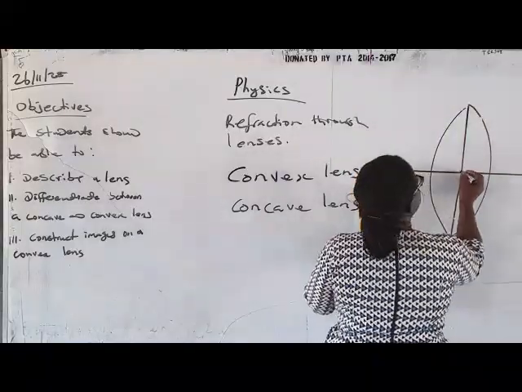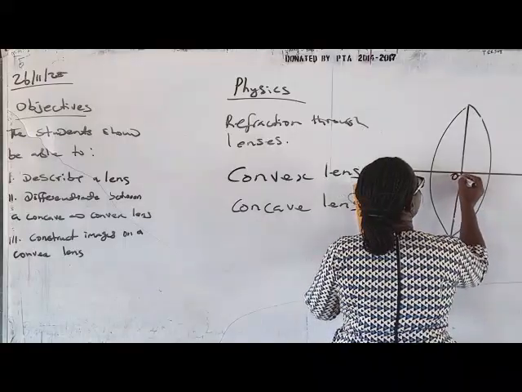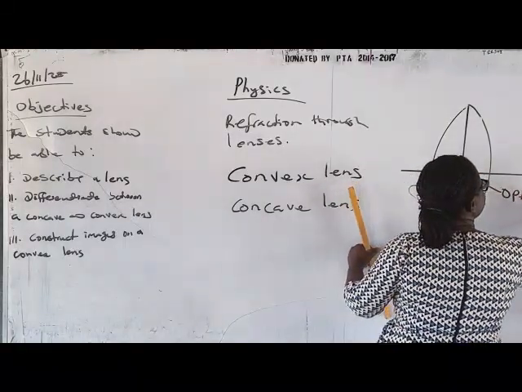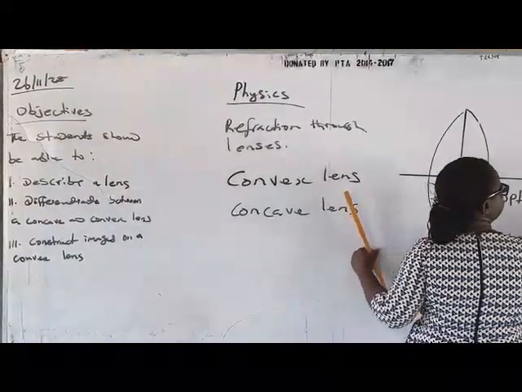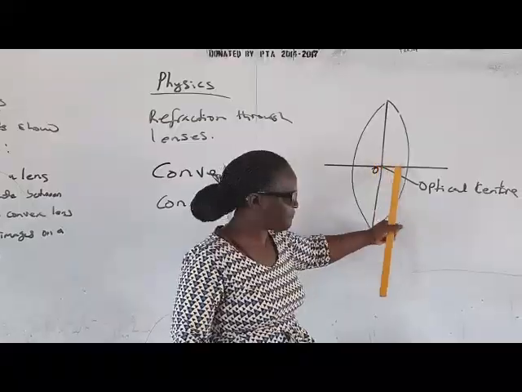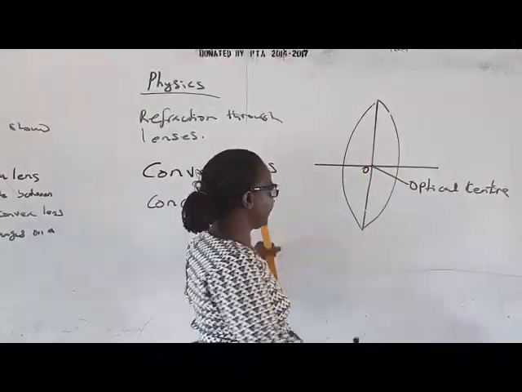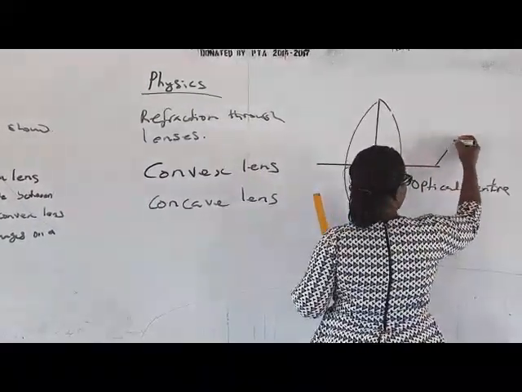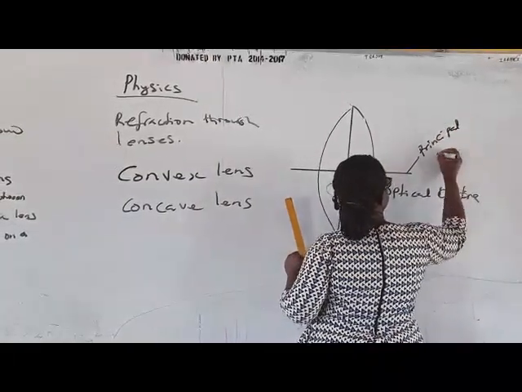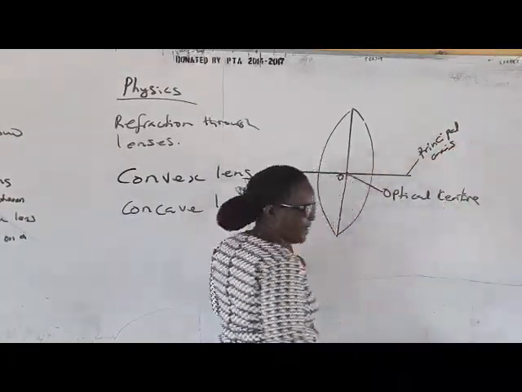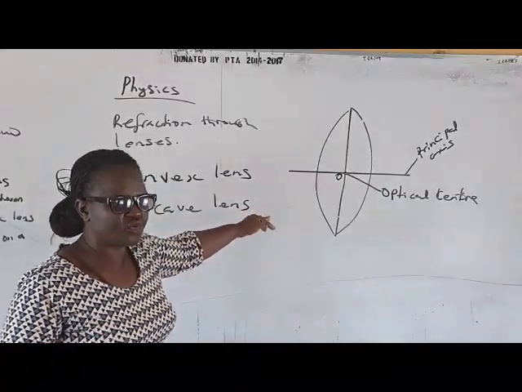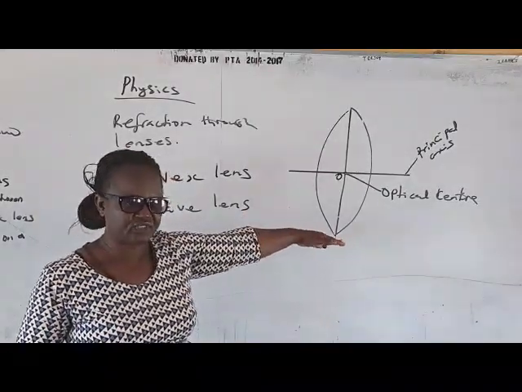Okay, so this point here, I will call it O, is the optical center of the lens. This is the point where rays are going to pass. Then this, as usual, is the principal axis. Remember, the principal axis is also a line that passes through the optical instrument.